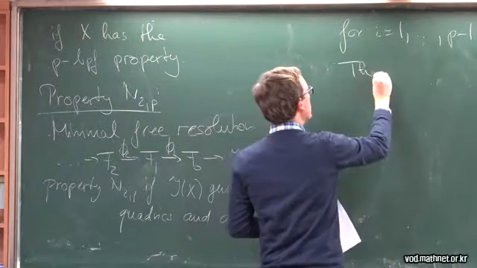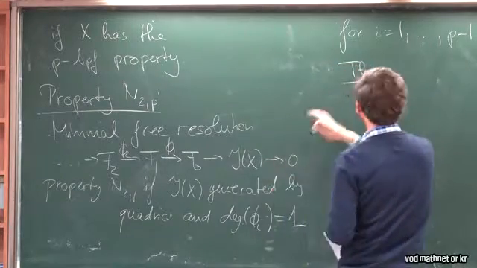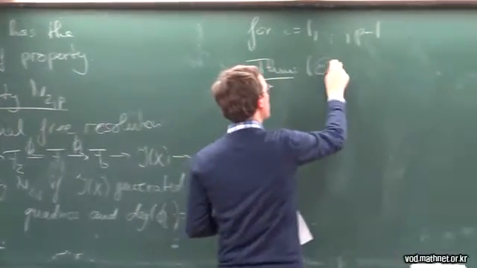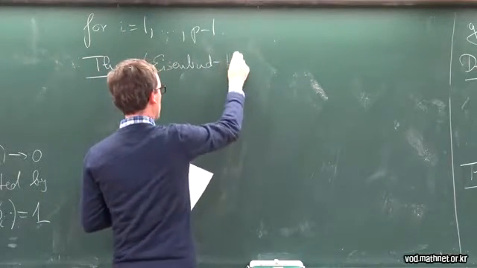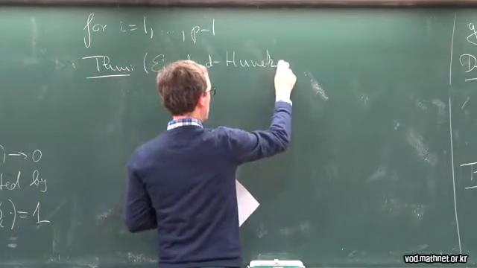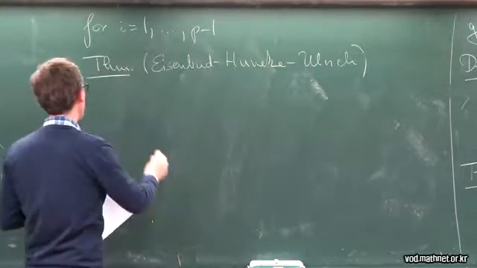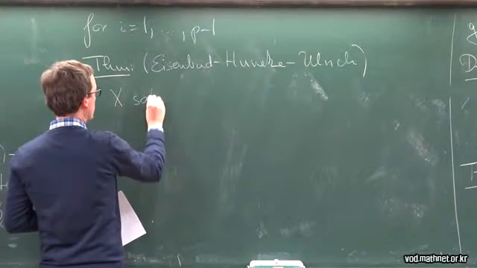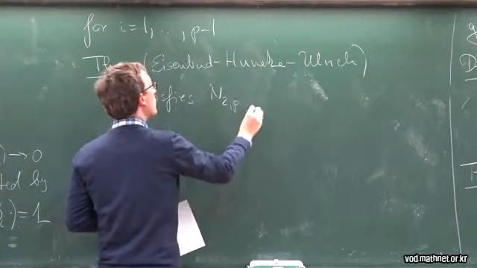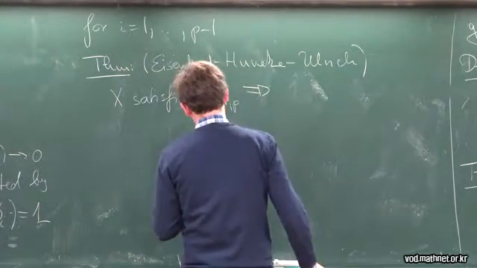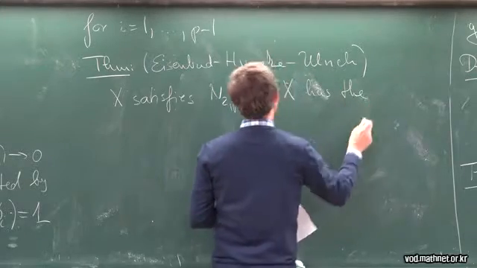And then the theorem we use to relate the free resolution to the base point free property is due to Eisenbud, Huneke, and Ulrich. And they prove if x satisfies N2p, then x has the p base point free property.